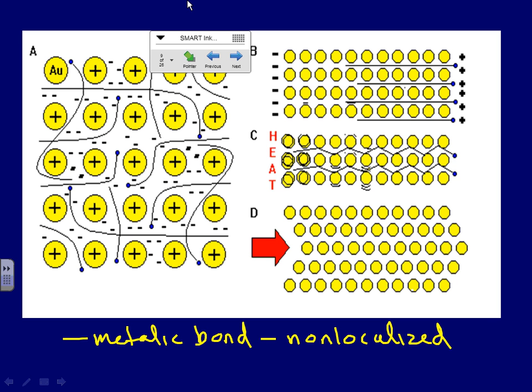It's got lots of space. So if you want to define that, you can: the electrons are free to move wherever. That's what non-localized means. And the bonds are non-directional, which means the forces of attraction are kind of anywhere and everywhere.